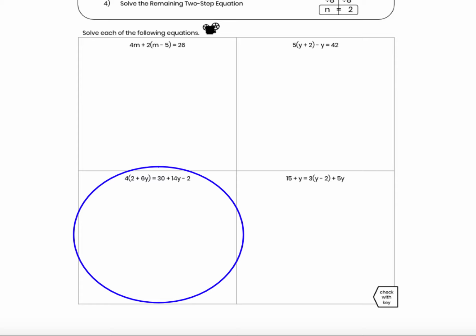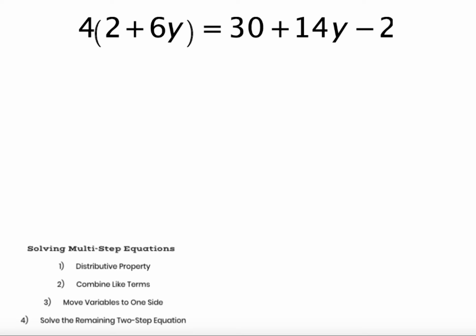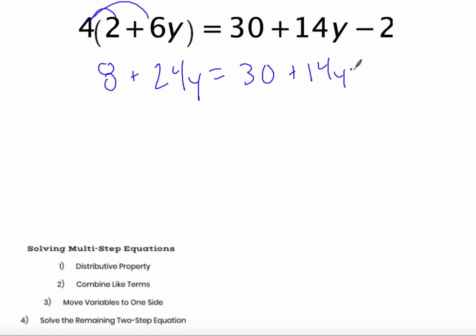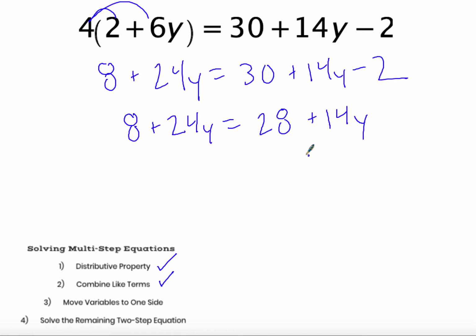Finally, we have variables on both sides of the equal sign. We're still going to follow our same order of steps. So, distributive property first. 4 times 2 plus 4 times 6y equals 30 plus 14y minus 2. Combining like terms, I do have one set, none over here, so I just recopy. 30 minus 2 is 28 plus 14y.